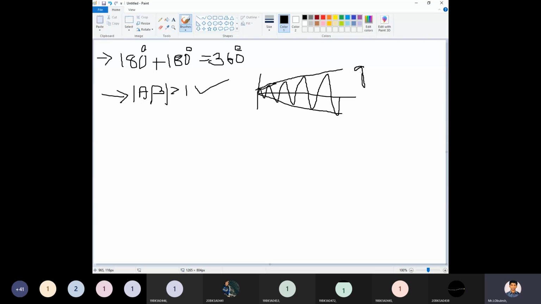This is the growing type of oscillations.